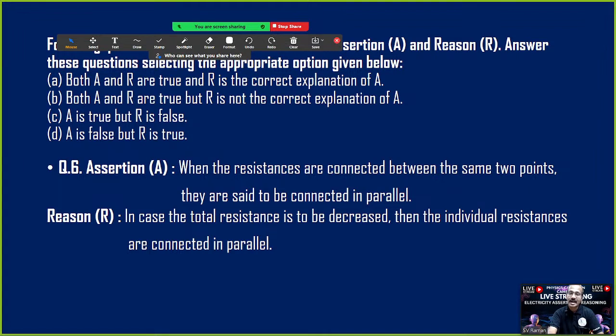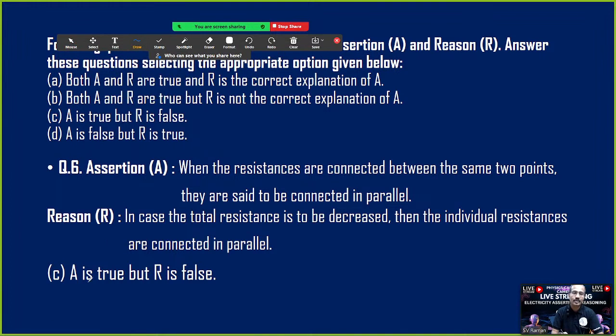Next. When the resistances are connected between the same two points, they are said to be in parallel. In case the total resistance is to be decreased, then the individual resistances are connected in parallel.